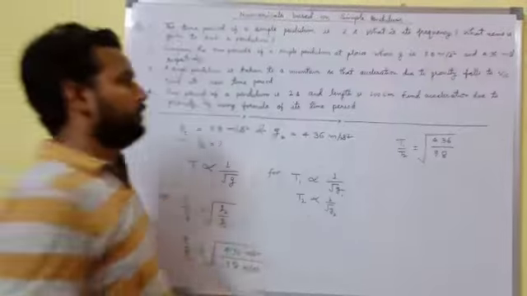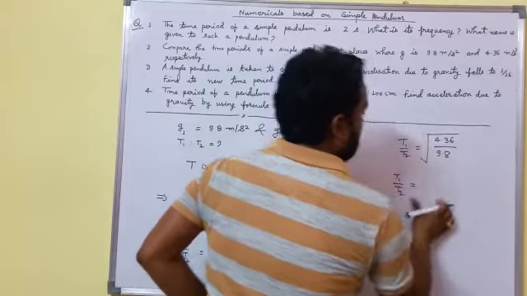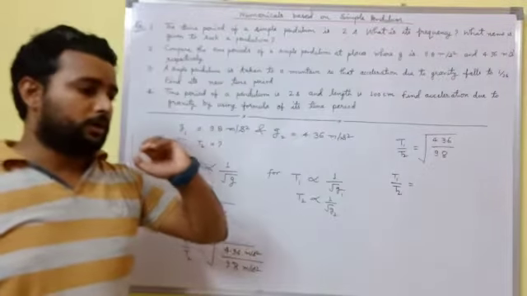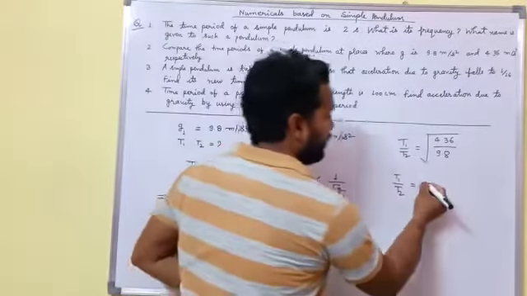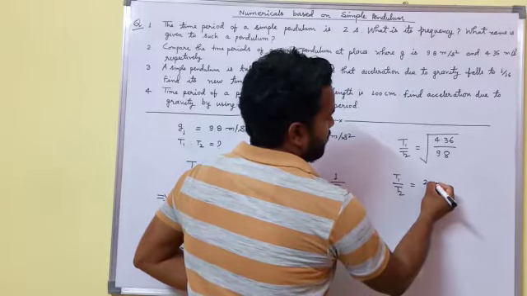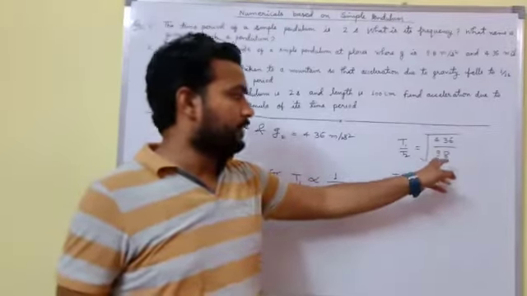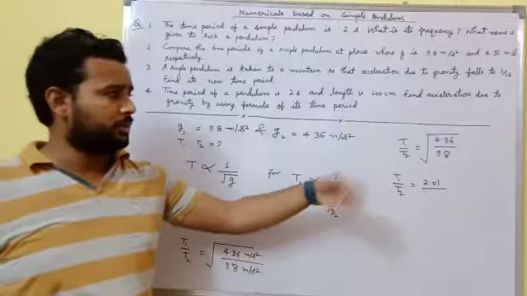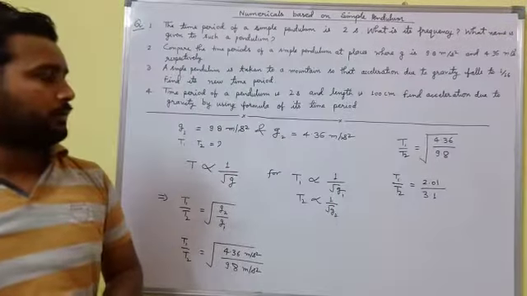After solving, the square root of 4 is 2, so the square root of 4.36 is near about 2.08. The square root of 9 is 3, so the square root of 9.8 is near about 3.1.